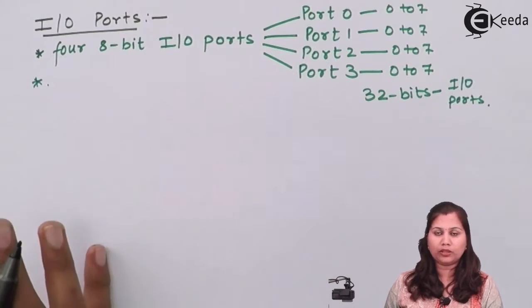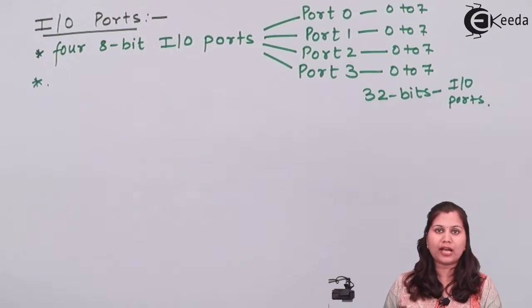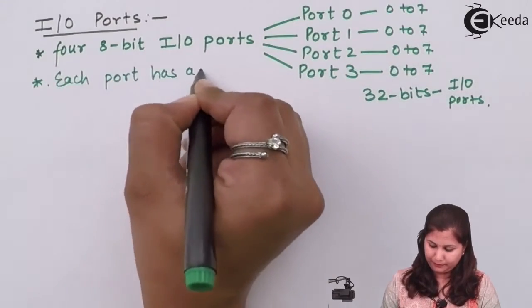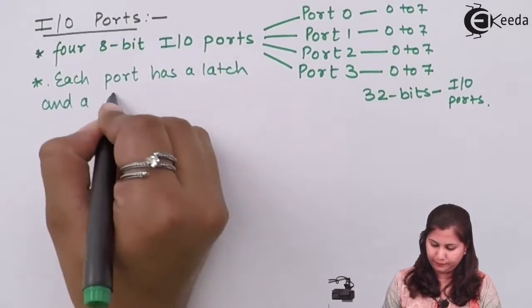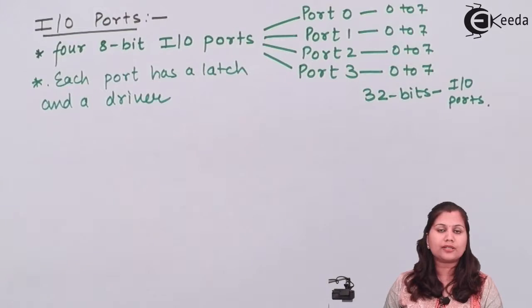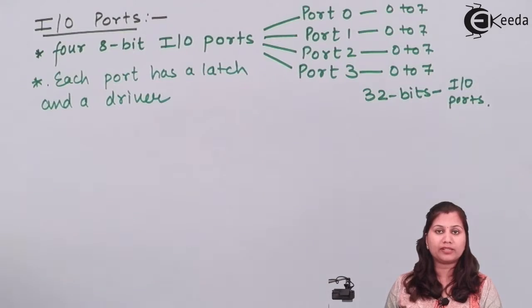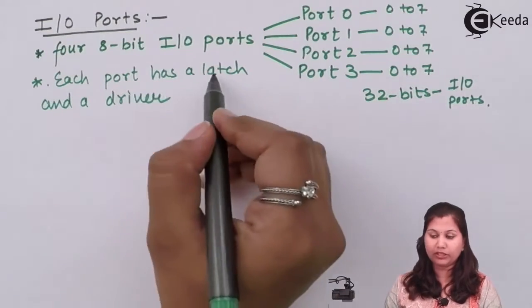Now for each port we have a latch and a driver. The latch is used if we want to latch the input or output of the port, or if we want to give the addresses of the port, then we can use the latch.